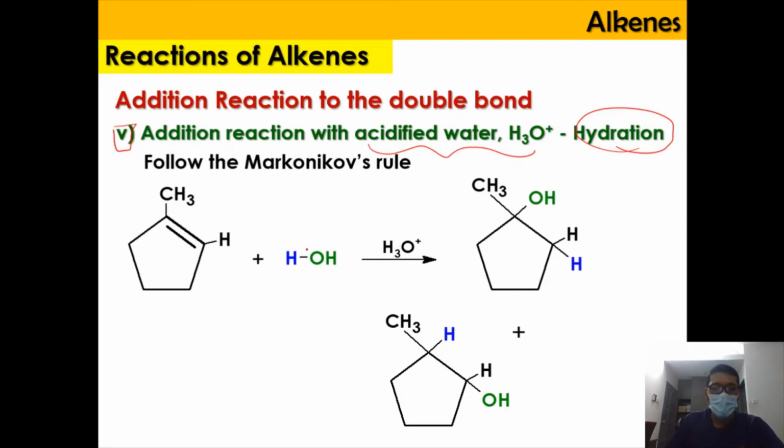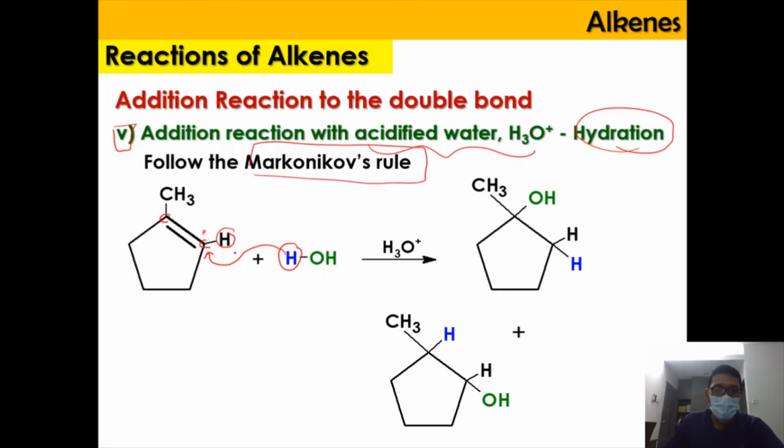So the hydrogen is gonna be attached at the carbon which has more number of hydrogens. Okay, so carbon sini ada 1 hydrogen, carbon sini has no hydrogen. So the hydrogen is gonna attach with the carbon which has more number of hydrogen atoms attached to it, and this is based on the Markovnikov rule.